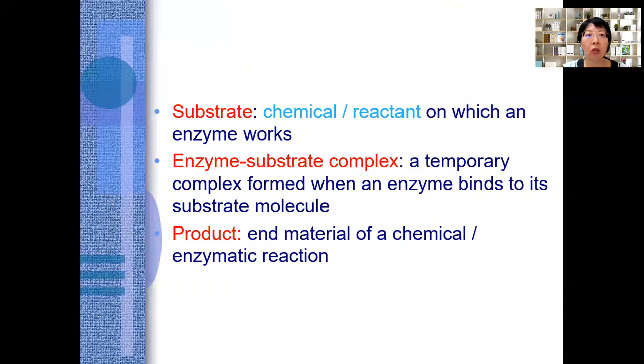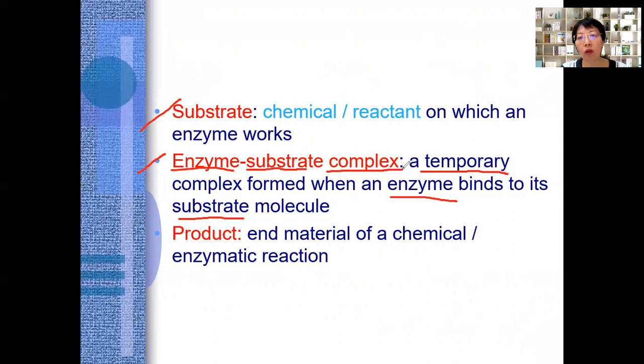clear? So this is a definition for substrate. Substrate is a chemical or reactant on which an enzyme works. Enzyme substrate complex is a temporary complex that forms when an enzyme binds to the substrate. So that's why it's called enzyme substrate complex.